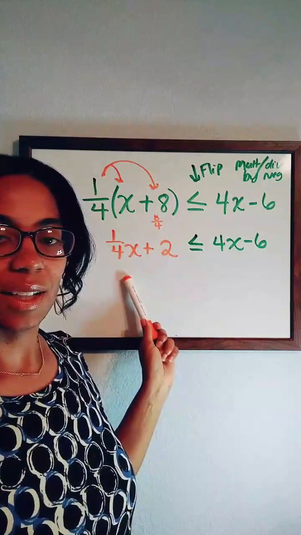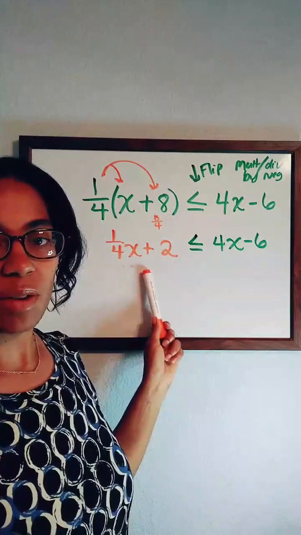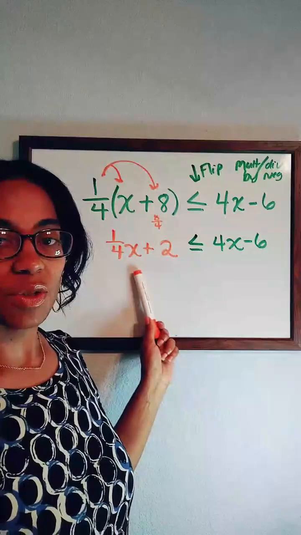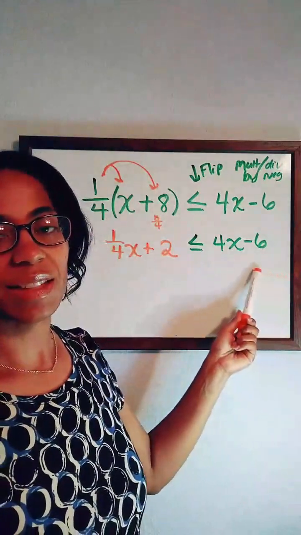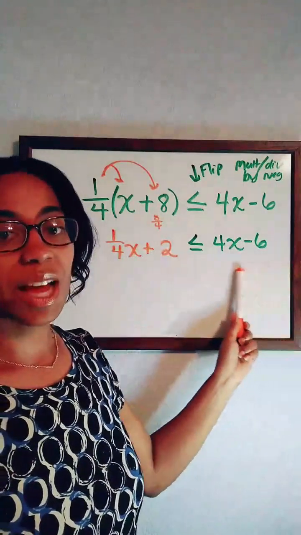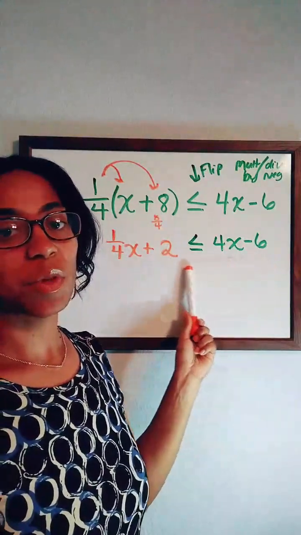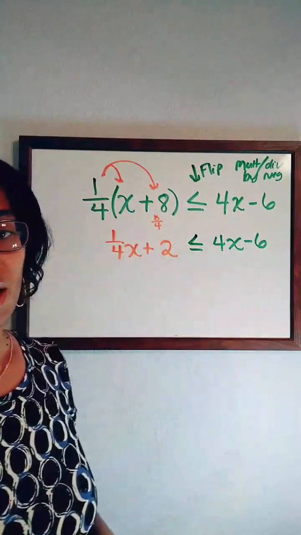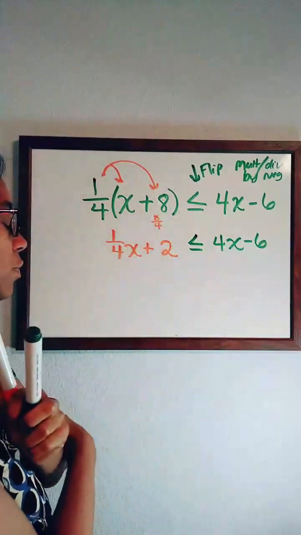Multiply 1/4 by 4. Multiply by 4 over 4. So if you multiply one thing by 4, you have to multiply everything by 4. If you get rid of the fraction, you have to multiply both sides by the reciprocal, which is 4. You could have just changed this to be 16 over 4 and then subtracted it.